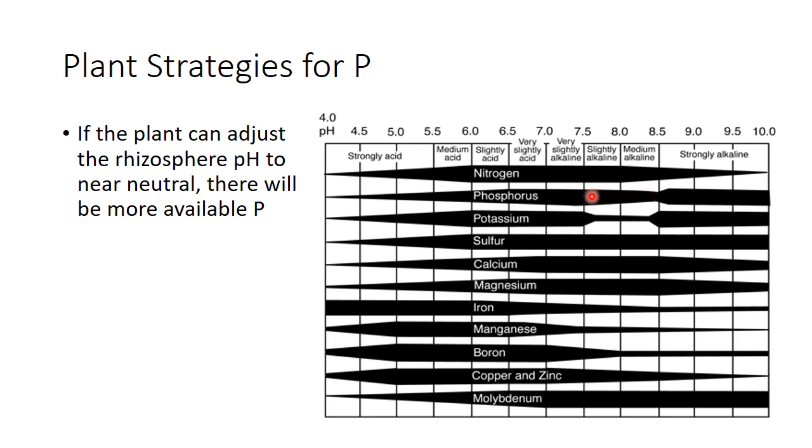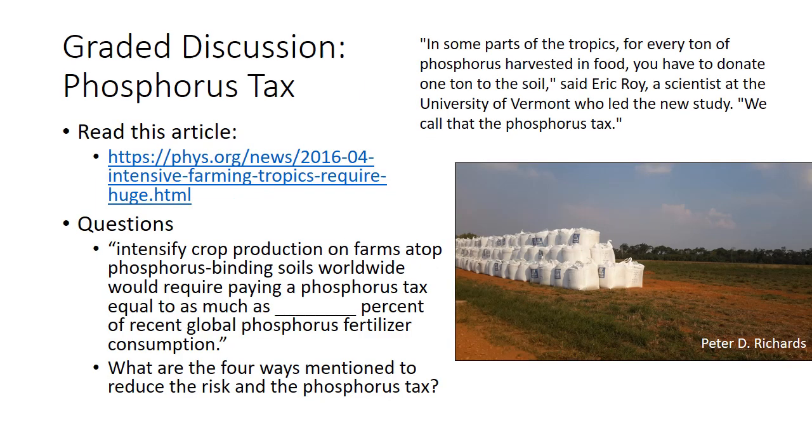And so in that scenario, phosphorus is less available. So a pH between 5.5 and 7.5 is kind of the target pH for phosphorus availability. Now, this doesn't hold true in all scenarios, but in most soils, it works out so that a neutral pH is the best scenario for phosphorus availability.